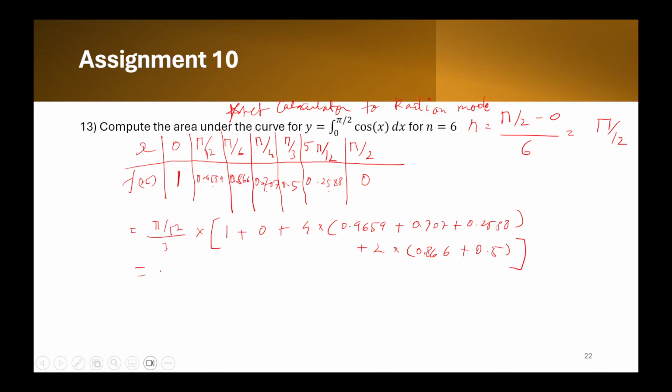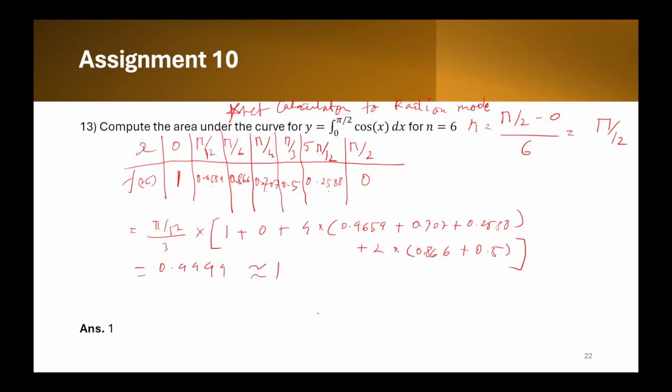So what is the answer that you get? It roughly comes out to be 0.9991.